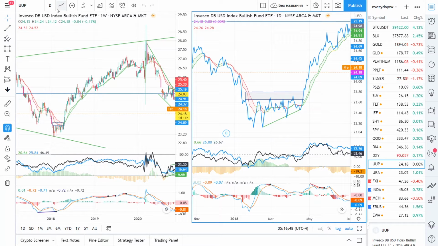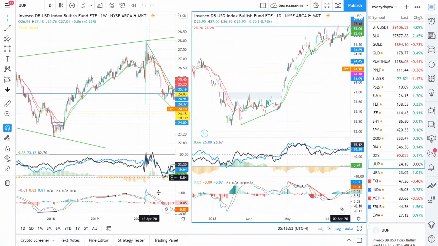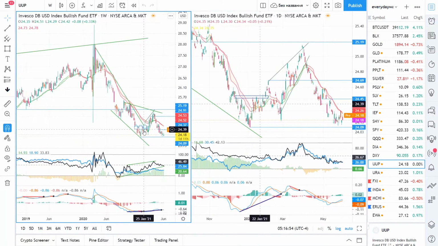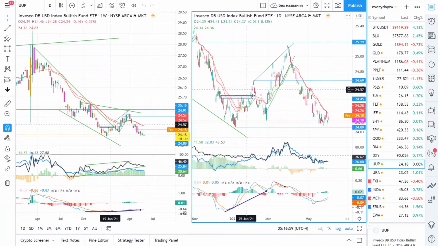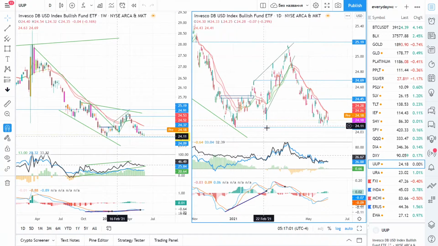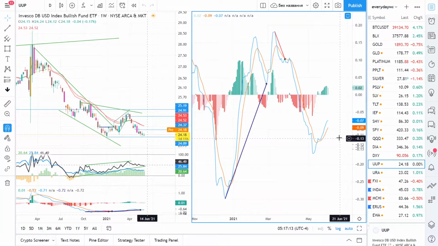We can draw something like that. So I'm expecting right now to put a lower low than 24.09 on the UUP ticker, and to form a divergence on the MACD.